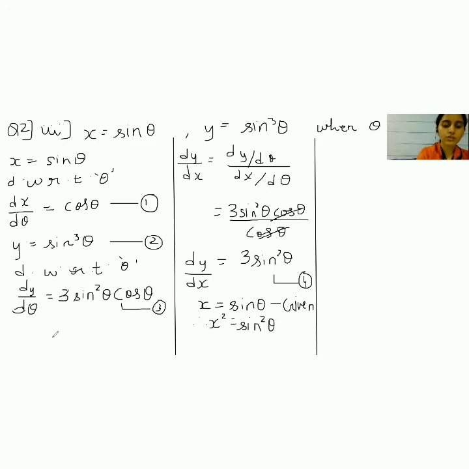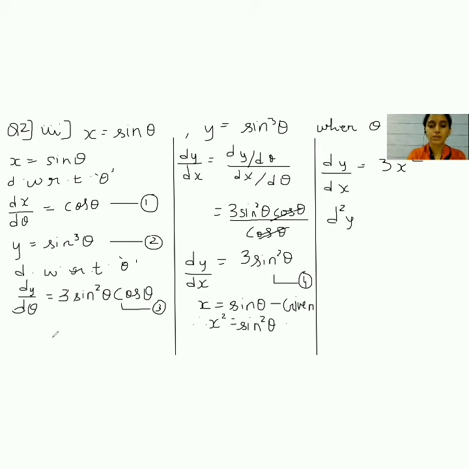We'll put this in the above equation. Therefore dy by dx will be equal to 3x square. Okay, you can either substitute x or y. Now since I have sin square theta, I'm using the x function. In the previous one I had used the y function. Okay, 3x square. Now d2y by dx square will become simple.